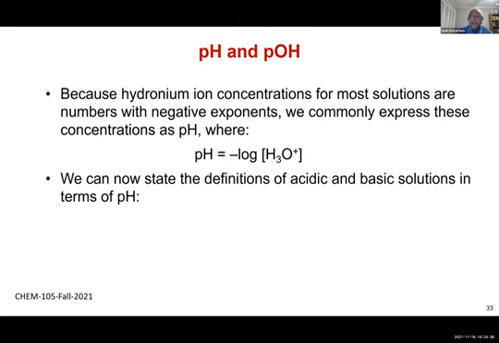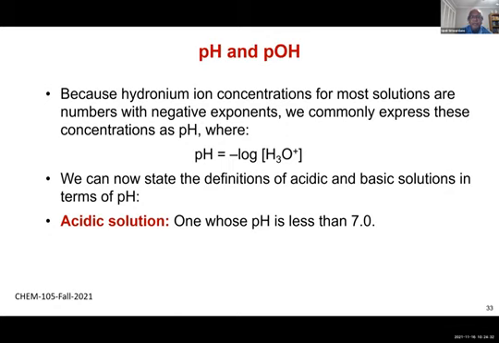So, the definition of acidic and basic solution in terms of pH. Neutral water, without acid or base, has a hydronium ion concentration of 1 times 10 to the negative 7. When you take the pH, it becomes 7.